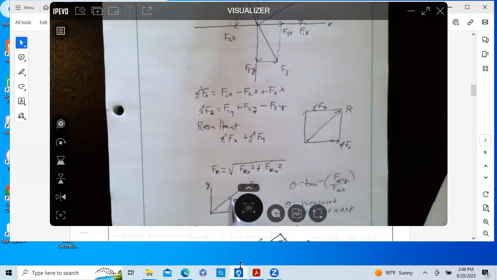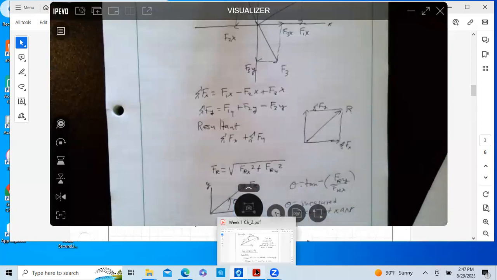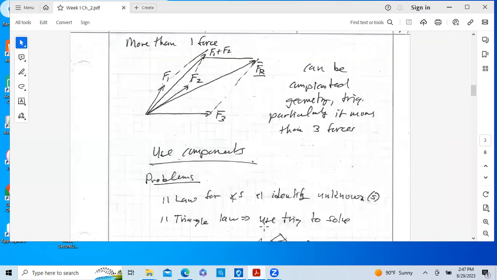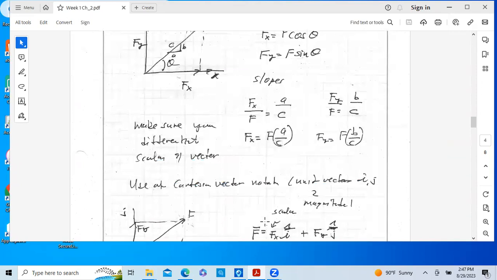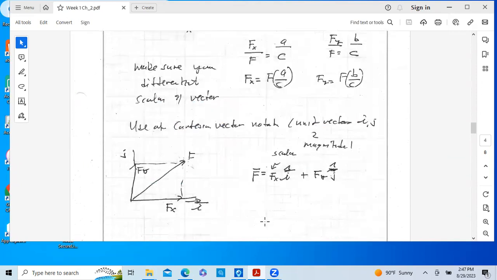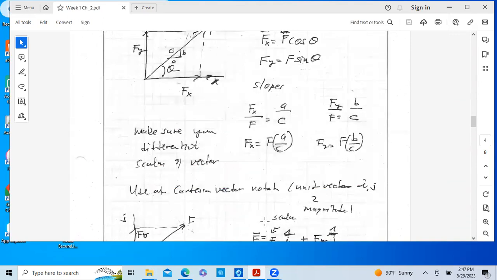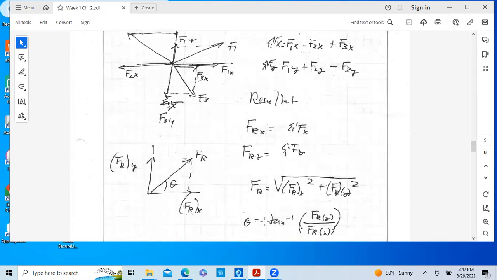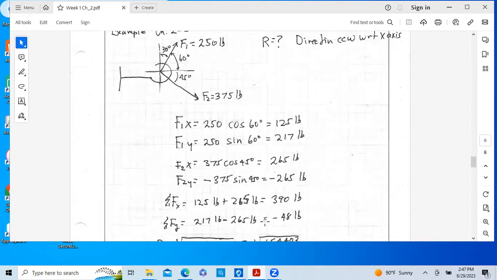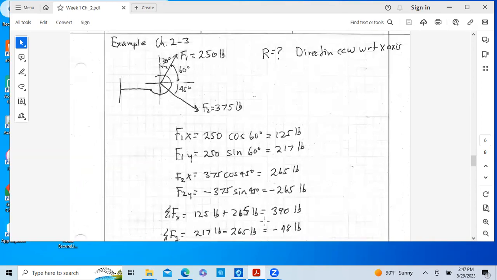Okay, so this is counterclockwise with respect to the positive x-axis. Well, an example with some numbers.